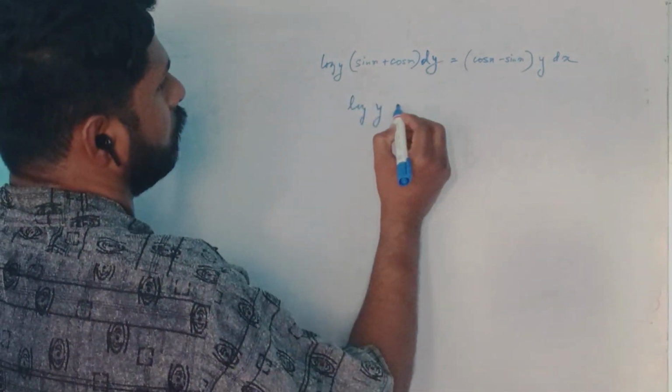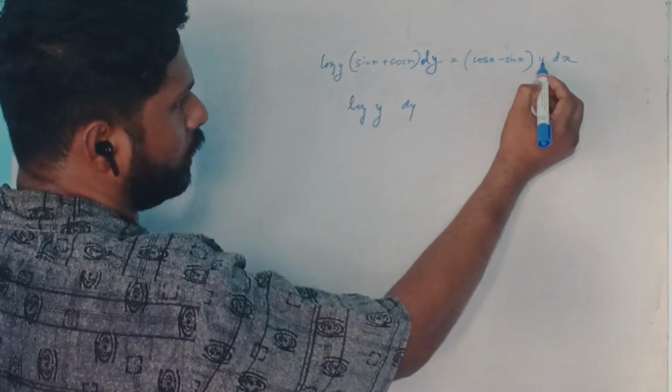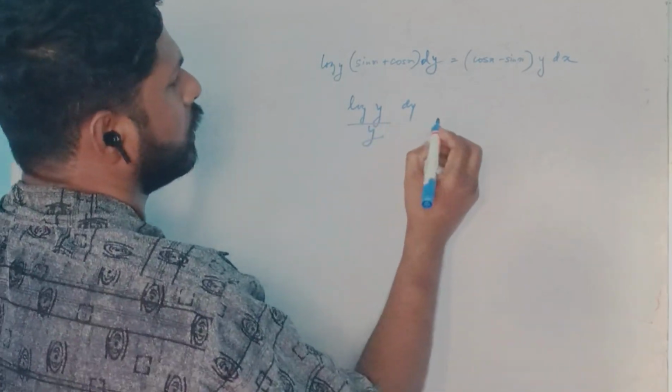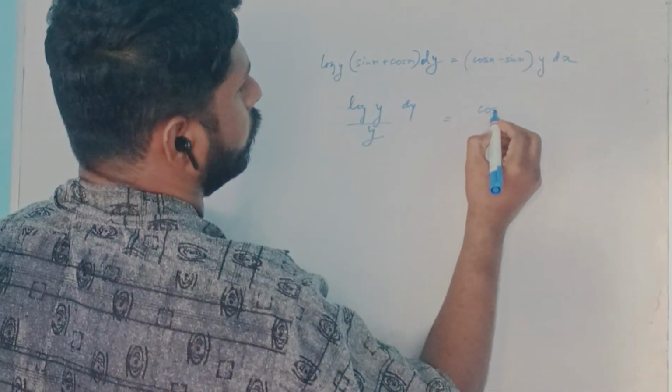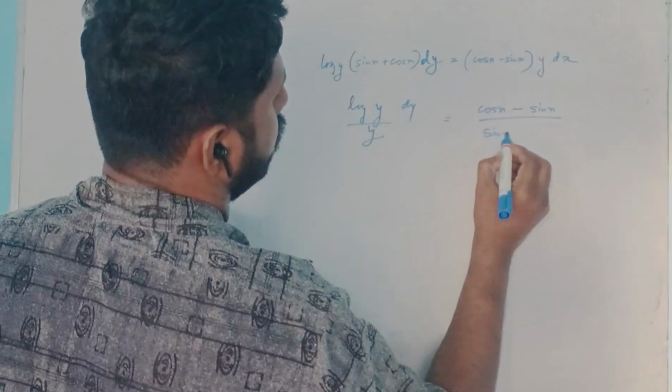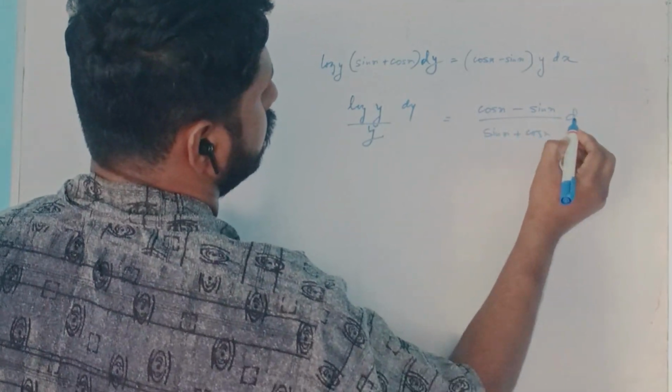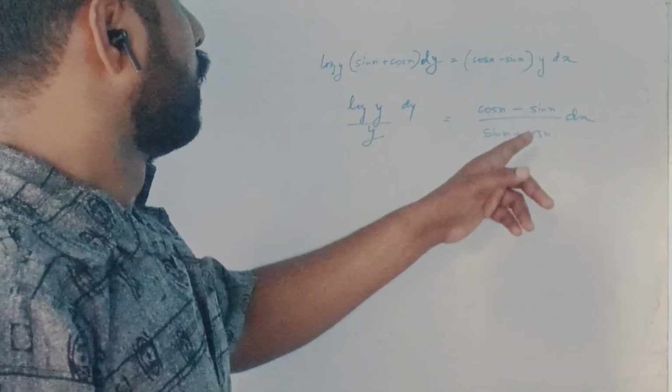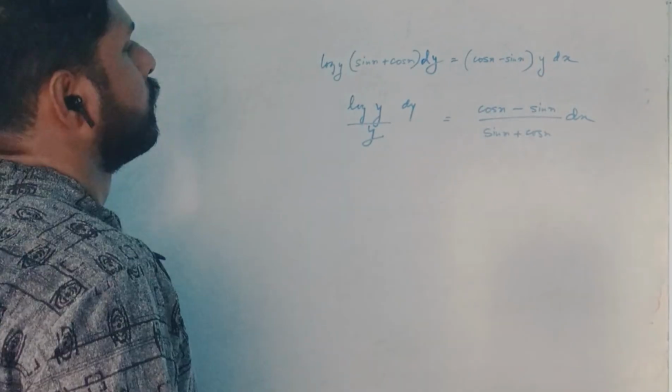So log y by y dy equals (cos x minus sin x) by (sin x plus cos x) dx, right?